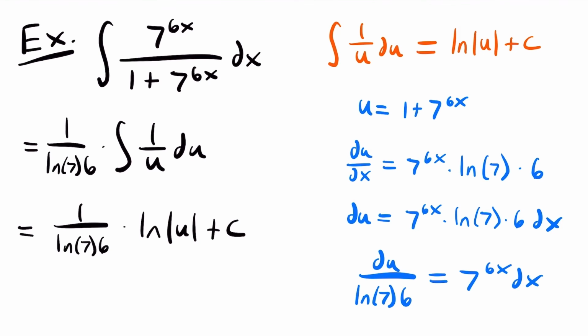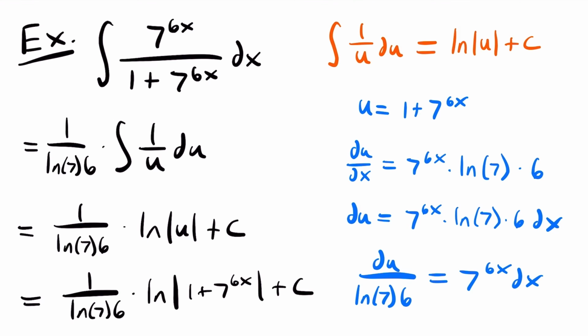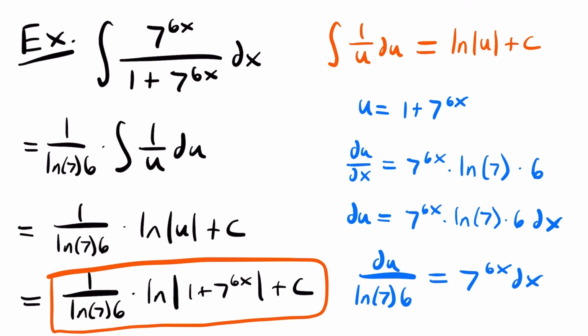And so now all that's left to do is to replace u with what we set it equal to. And so our final answer is that this is equal to 1 divided by the natural log of 7 times 6 times the natural log of the absolute value of 1 plus 7 to the power of 6x plus c. All right, and so then this is the final answer to this integral.